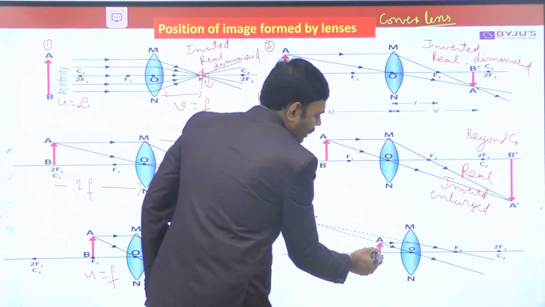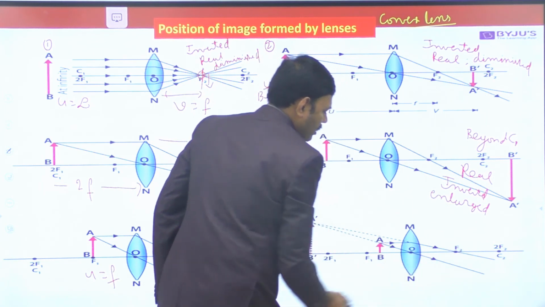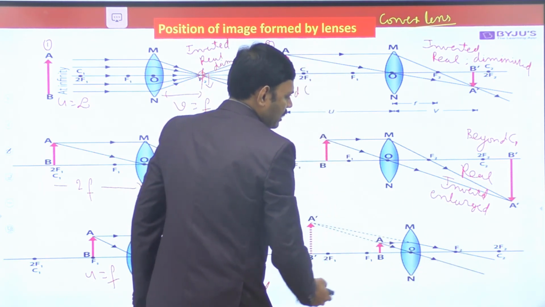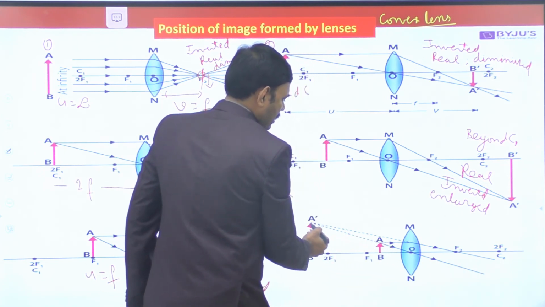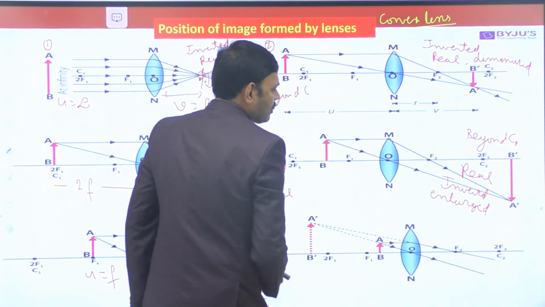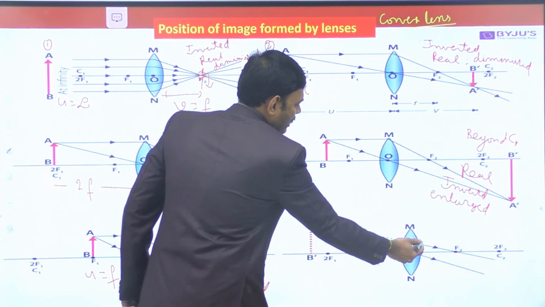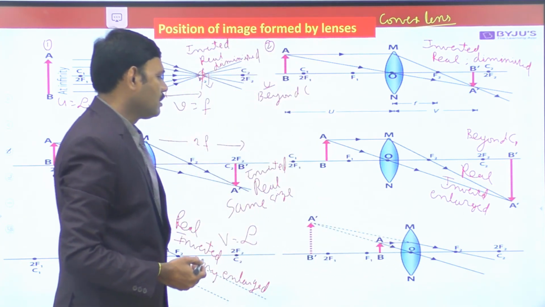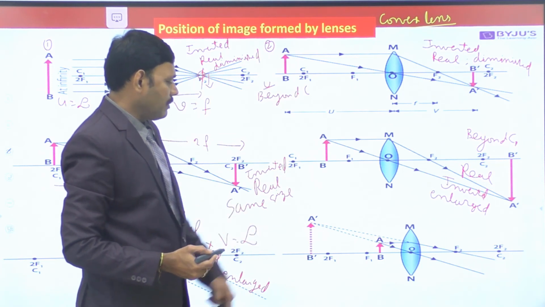One is a paraxial light ray passing through the focus. Another one is the light ray passing through the optic center, and they are extended in the backward direction. Here the refracted ray is extended backwards. This second ray is also extended backwards, and we get a virtual image.